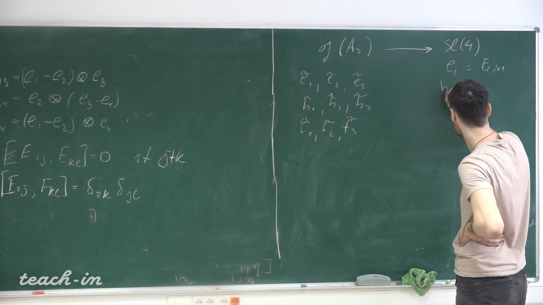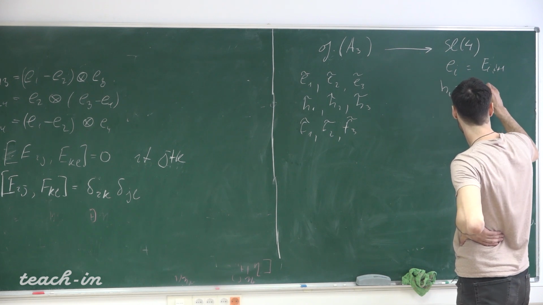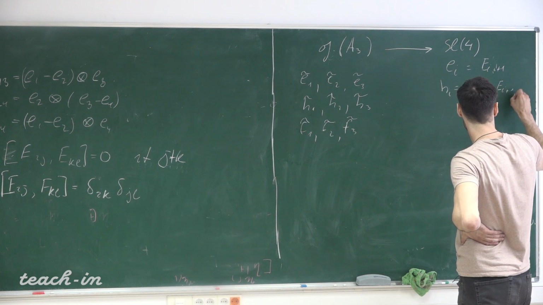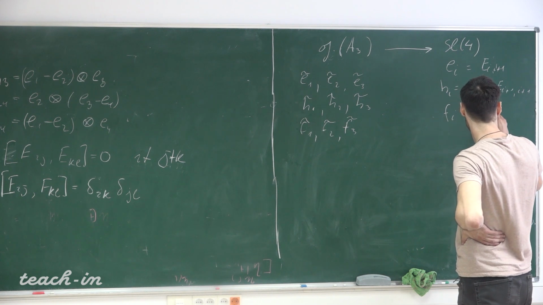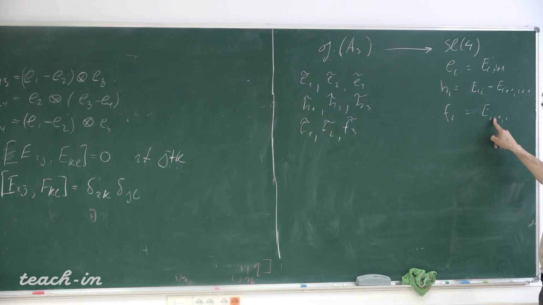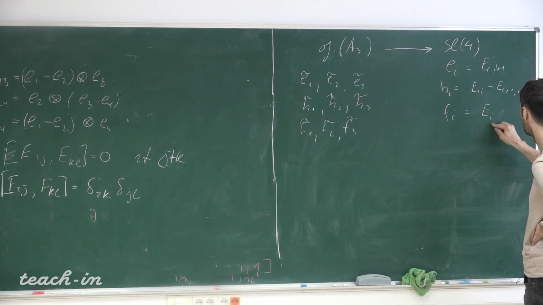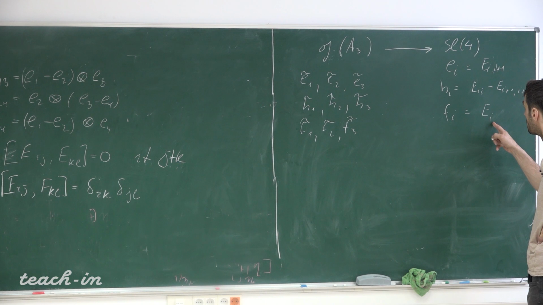I have h_i's, which are e_{ii} minus e_{i+1,i+1}. And I have f_i's, which is e_{i+1,i}. Maybe minus. The total matrix will be times minus 1, I'm sorry.